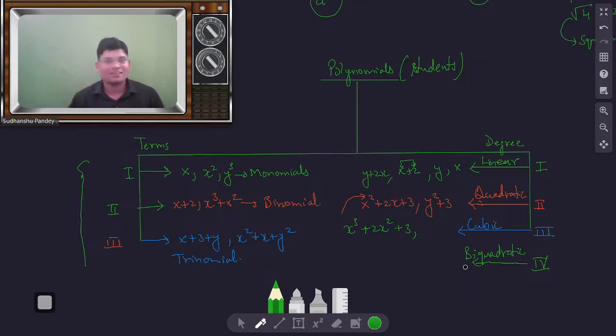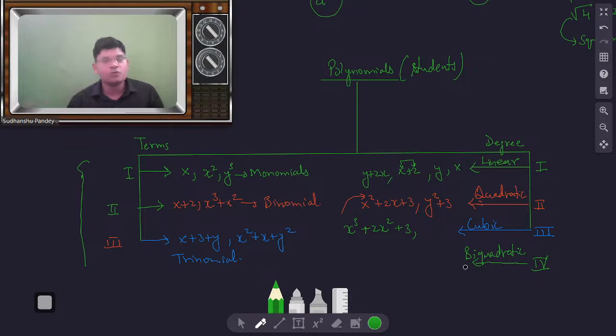So this is a 9th grade topic, but I am teaching you in 8th grade, because these are the basics of expressions. Once you understand what is an expression, what is a polynomial, what is the number of terms, what is a coefficient, what is a constant, what is the value, what is a degree, and if there is degree 1, we say it as linear.